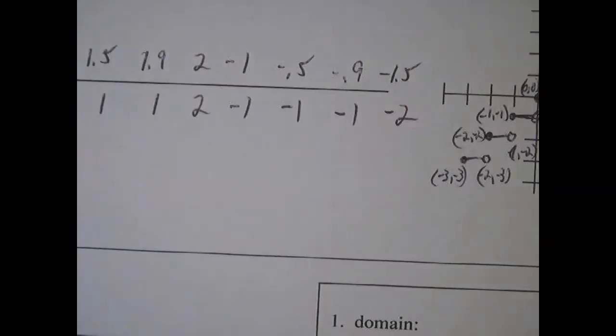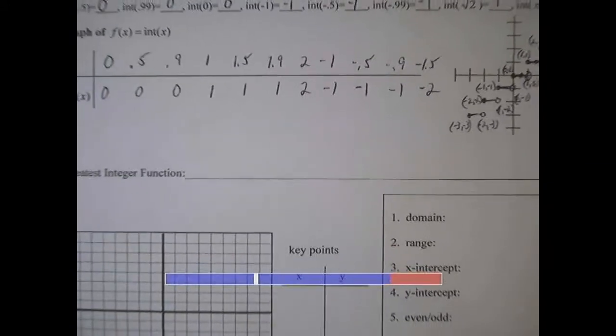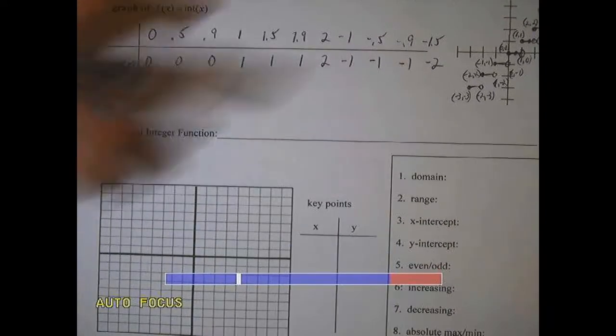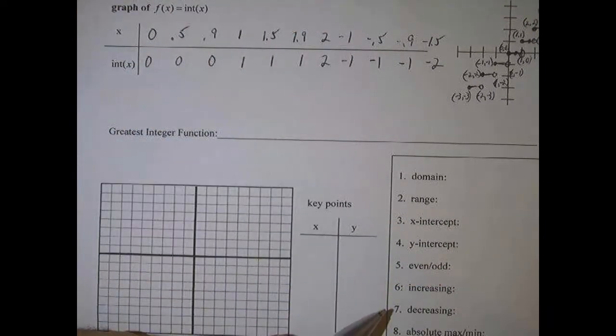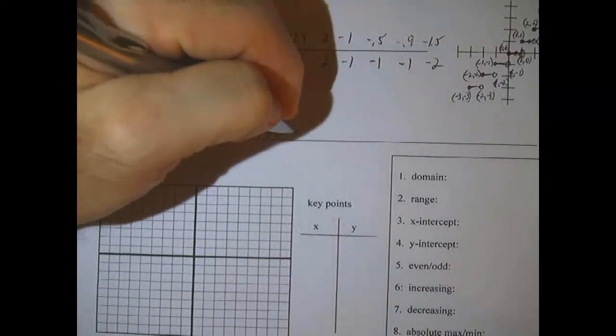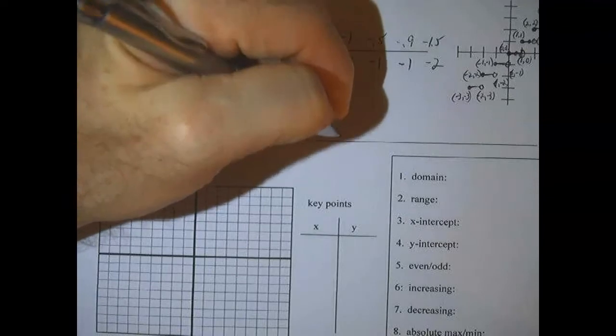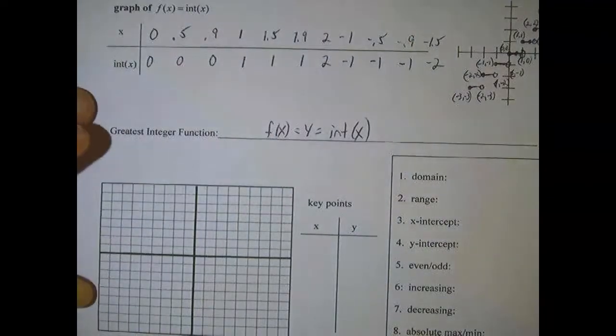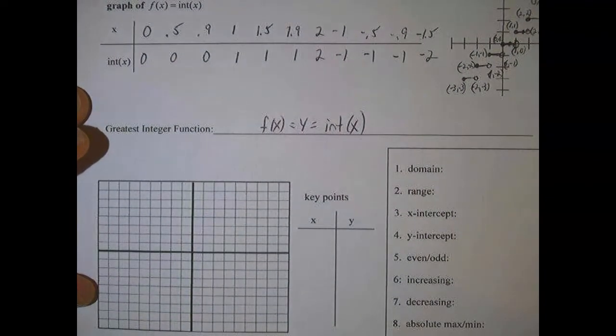All right, so let's look at this as a parent function now, and I'm going to just name it, and we'll plot it, and then we'll just name a bunch of properties of it. So this is f of x or y equals the greatest integer of x. Okay, that's the new parent function, and there's really no commonly accepted points for these.